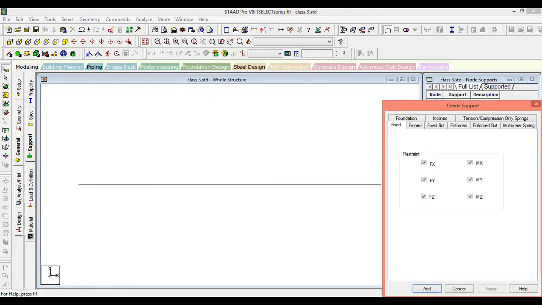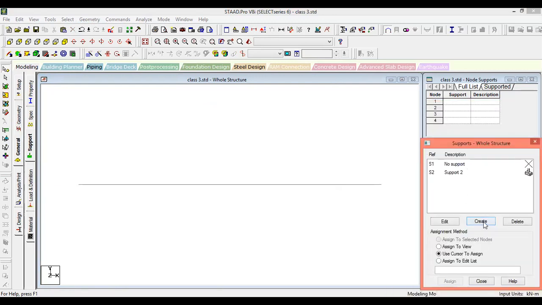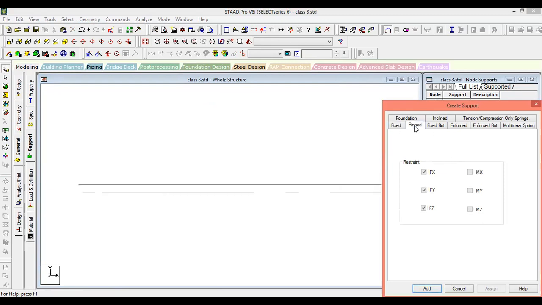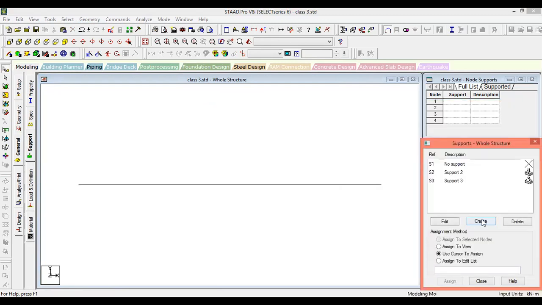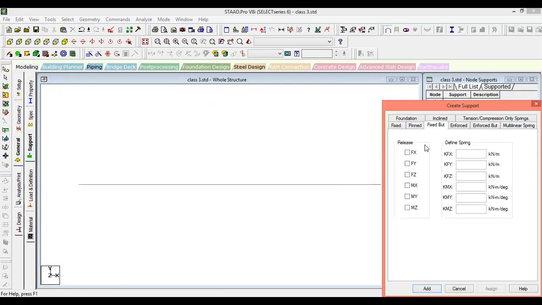The first one is the fixed support, the second and third are hinged supports, and the last support is the roller support. So for the first one, we will take fixed support, and then we will take pin support, and then we will consider fixed, but for roller support, we need to release everything except FY.